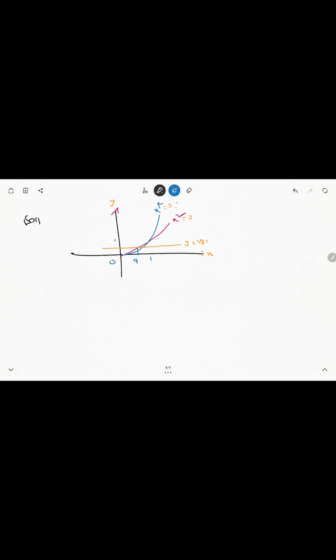The red one is x square. So we solve y is equal to 1 by 81 with x square, and you are getting 1 by 9. Sorry, it is 1 by 9, so 1 by 9 whole square is equal to 1 by 81.